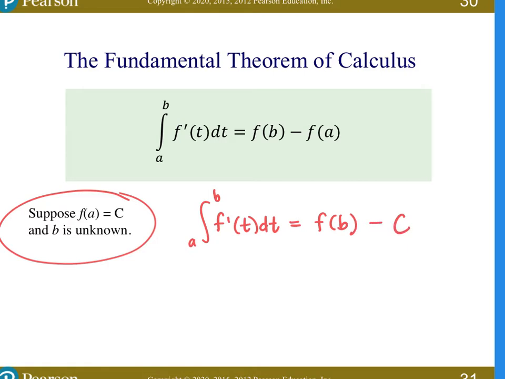And if we're trying to find b as our unknown, we would want to get it alone. So I'll add c to both sides. So I end up with c plus the integral from a to b of f prime of t dt, and that equals regular f of b.